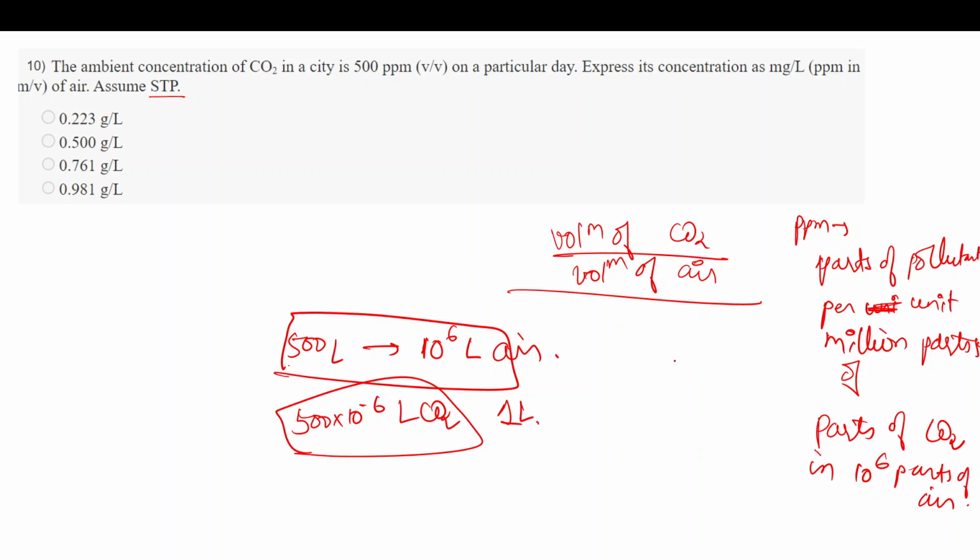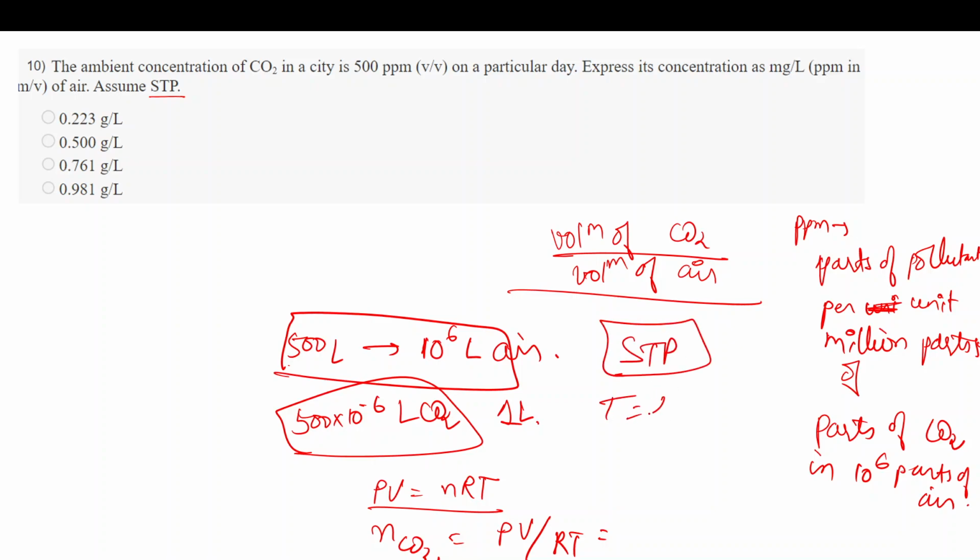And later you can convert moles into weight or mass. So what does ideal gas law state? PV equals nRT. So n is number of moles of CO2, which is nothing but PV by RT. Standard temperature and pressure condition means temperature is 273 Kelvin and pressure is 1 atmosphere, which is 10 to the power 5 pascals, right?